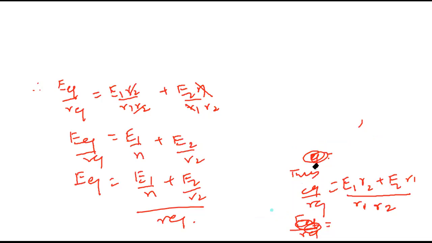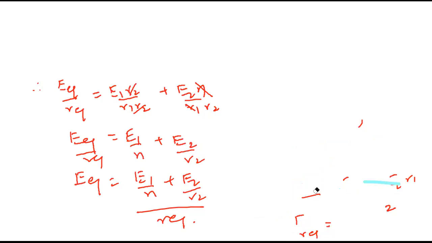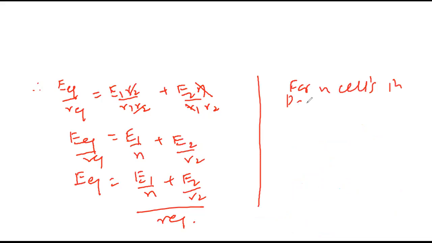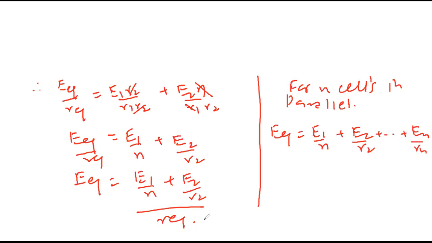So EMF you can find, equivalent resistance you can find when they are in parallel. For n cells in parallel, E equivalent will be E1 upon R1 plus E2 upon R2 up to En upon Rn, upon R equivalent.